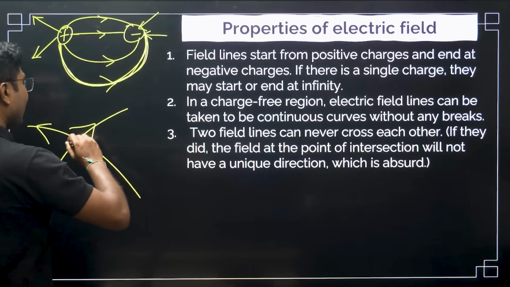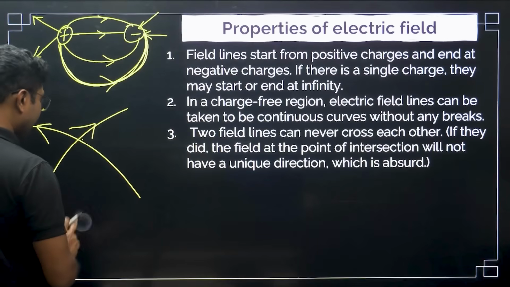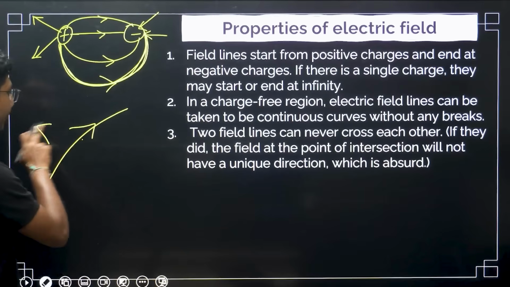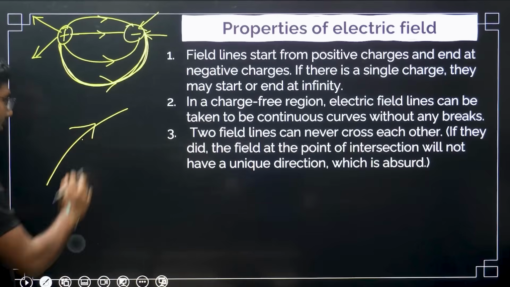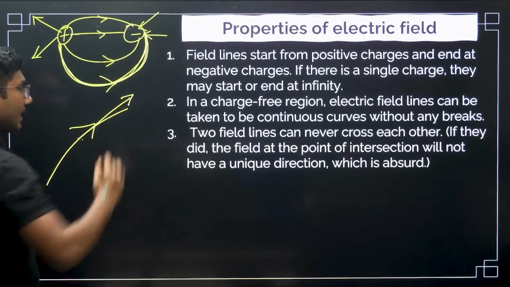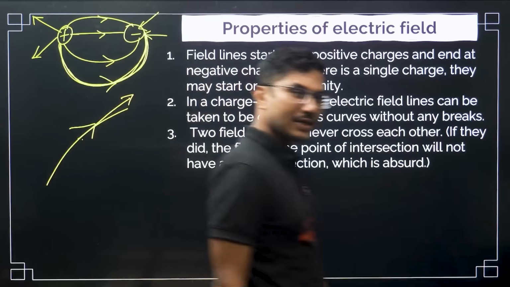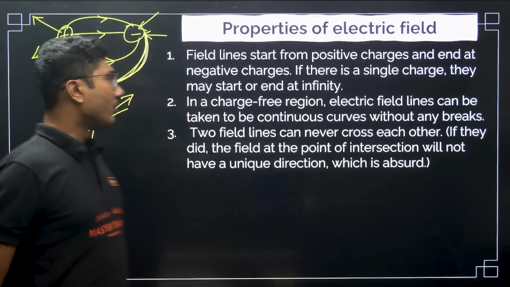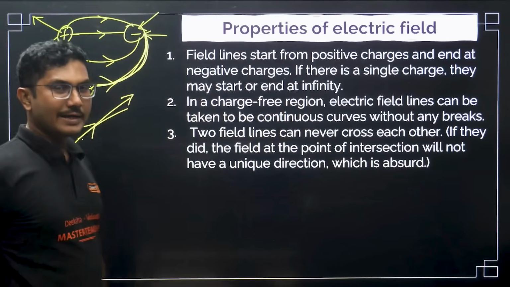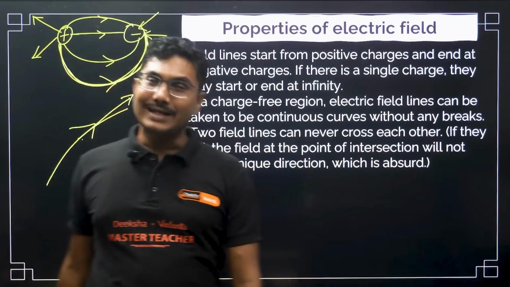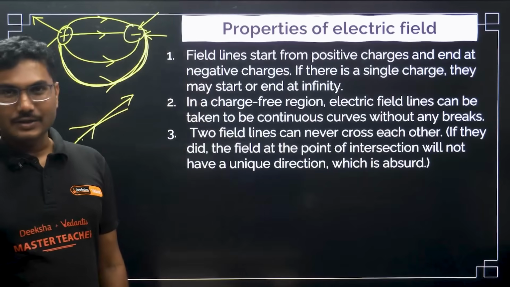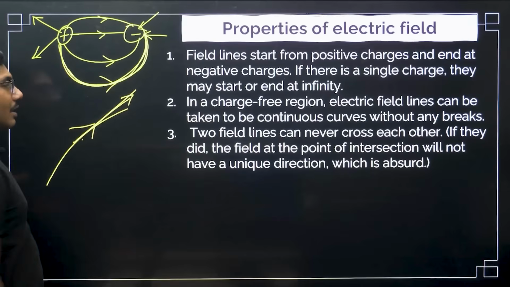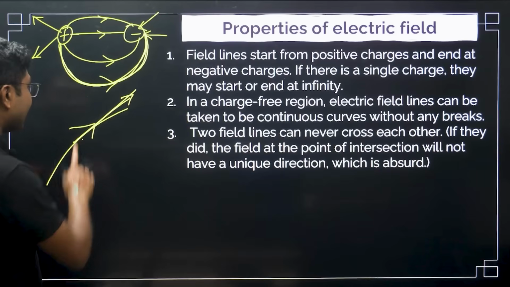Because if you draw a tangent to an electric field line at any point, that tangent gives the direction of the electric field at that point. That is also a property. This tangent gives the direction of the electric field at that point.